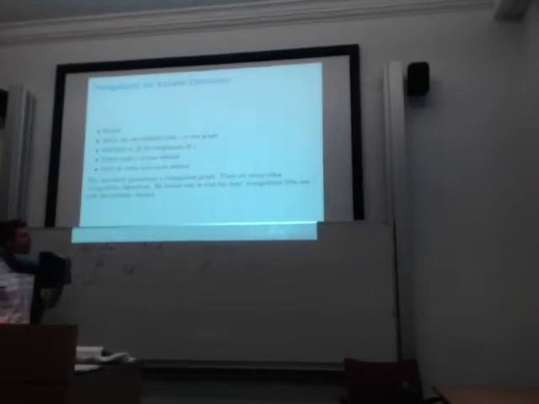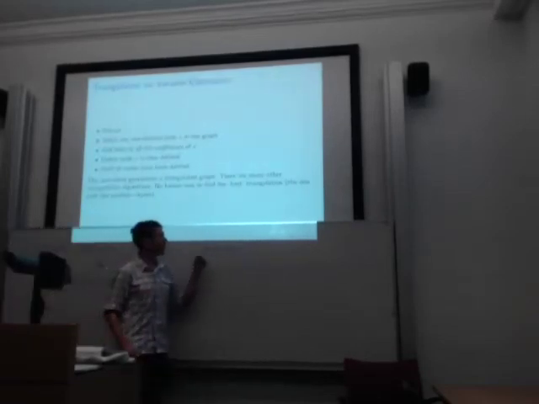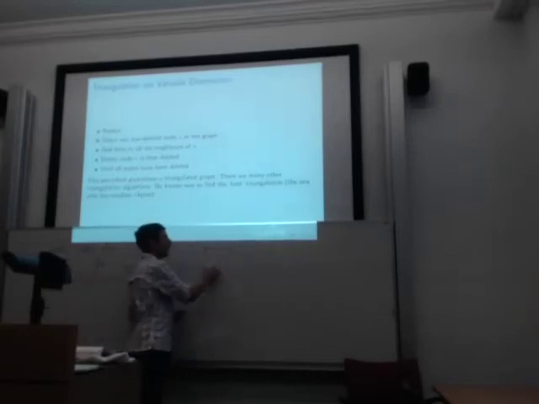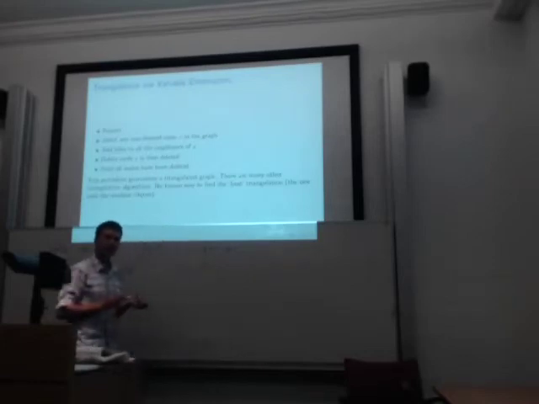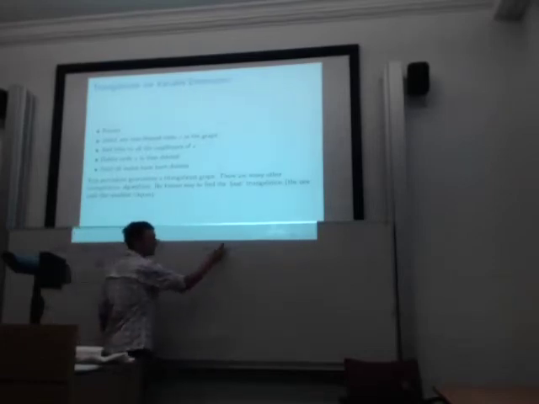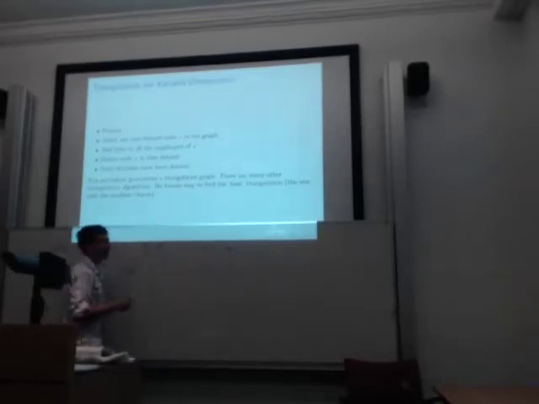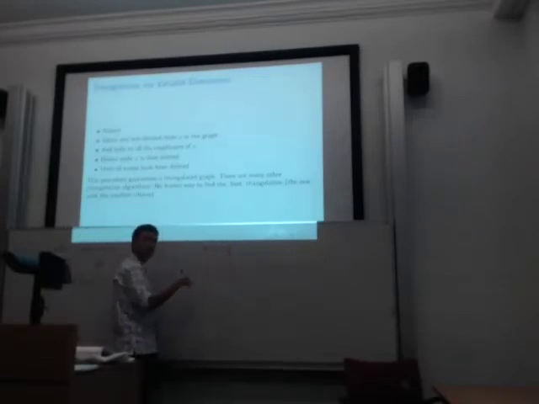So one way to find a triangulated graph, and there are many, is actually just to do it: start with some variable, eliminate it, add a link between the neighbors, find another variable, eliminate it, add the links, filling in these links as you go along.